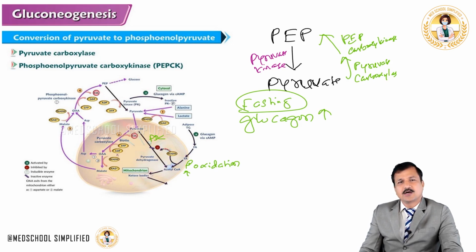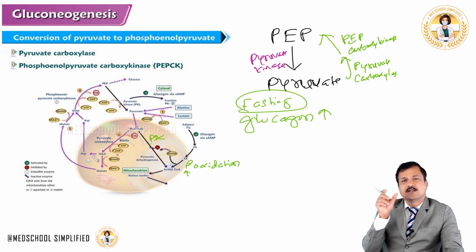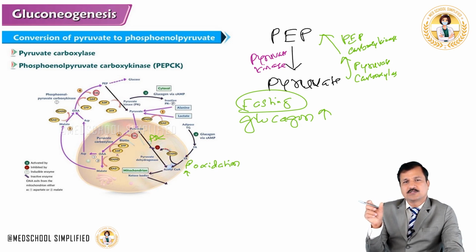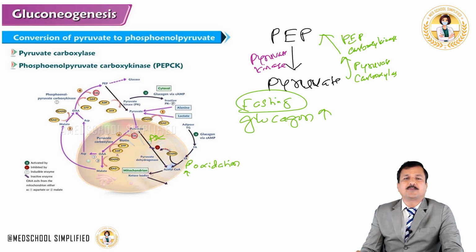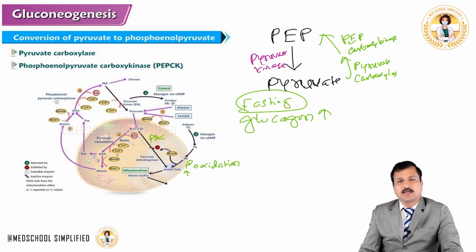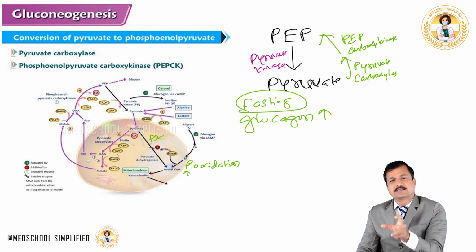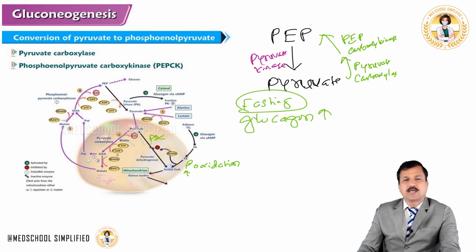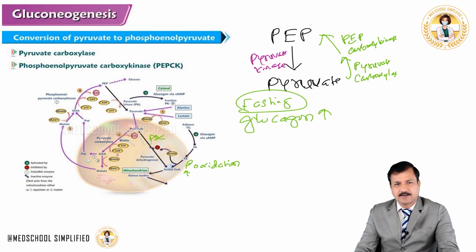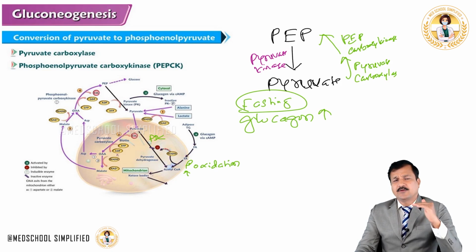Why? Because under fasting condition, there is a glucagon hormone which is released, and you know glucagon is going to phosphorylate pyruvate kinase through its protein kinase A mediated action, and the phosphorylated form of pyruvate kinase is an inactive form of the enzyme, and that is what is shown there, and thereby pyruvate kinase enzyme is kind of inactivated.